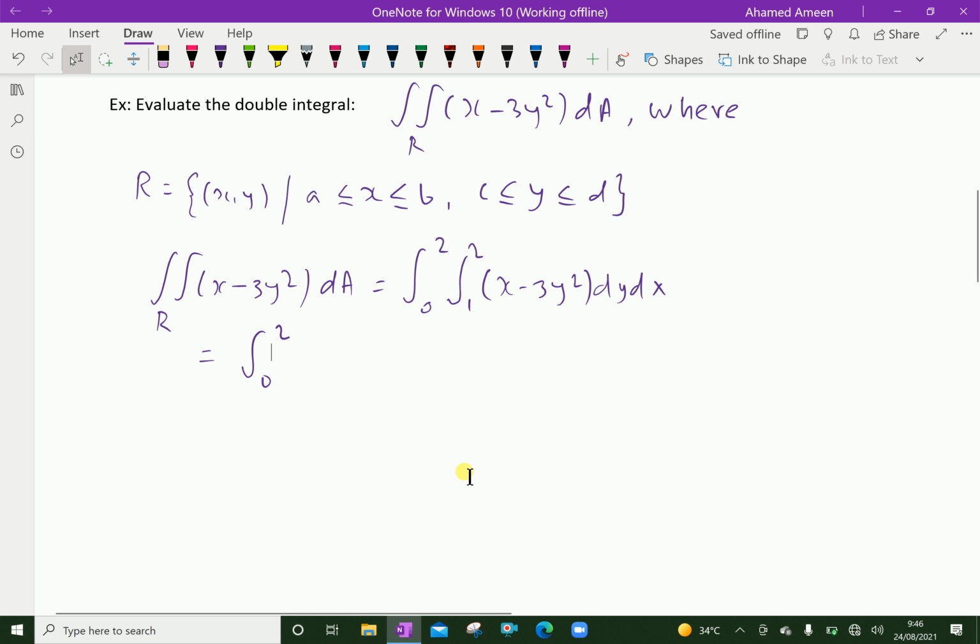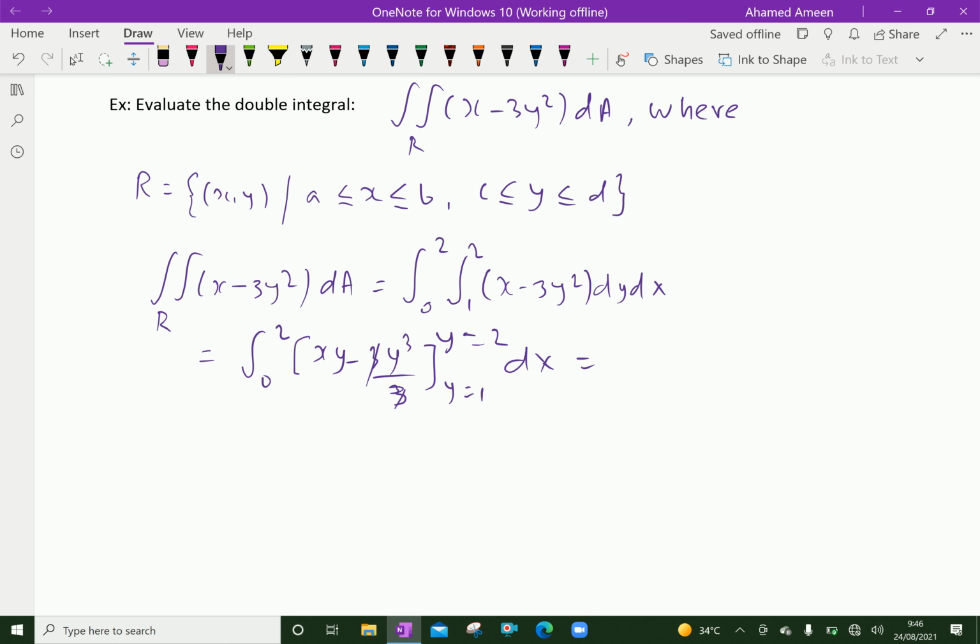Therefore, we have xy minus 3y cubed over 3. Then 3 and 3 cancel. With y from 1 to 2, dx, which is equal to, we are putting the values y equal to 2 and y equal to 1 in this integral.